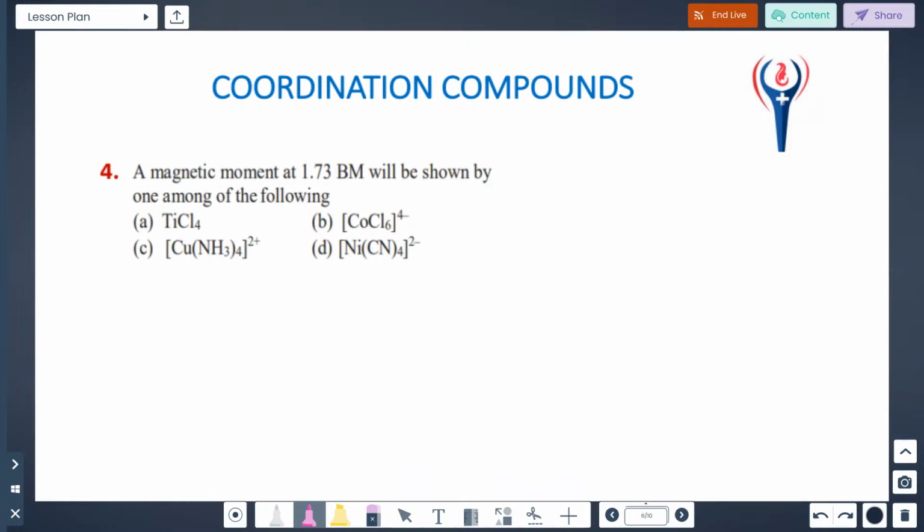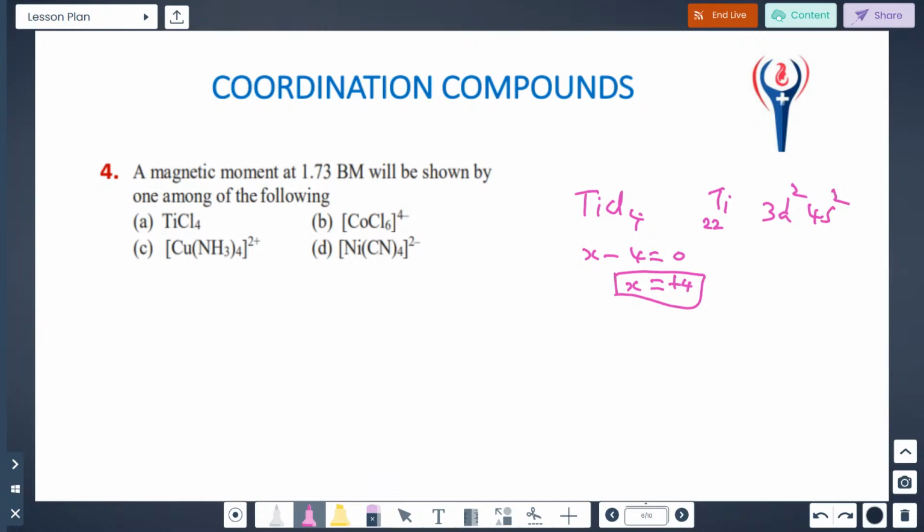Suppose, for example, take titanium tetrachloride, TiCl4. Find its oxidation state: X minus 4 is equal to 0, so X is equal to plus 4. Titanium has atomic number 22.